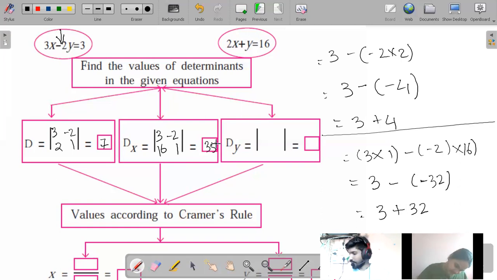And what about dy? For dy, you replace the second column. So this will become, can you tell me?